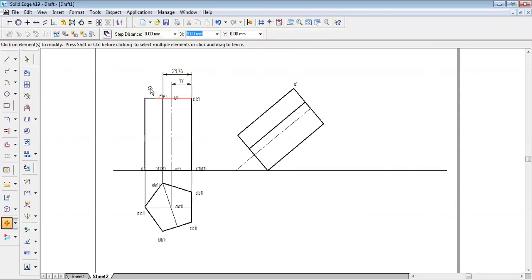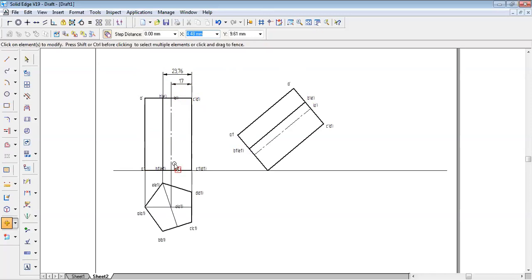Dash, B dash, C dash, A dash. This one here.